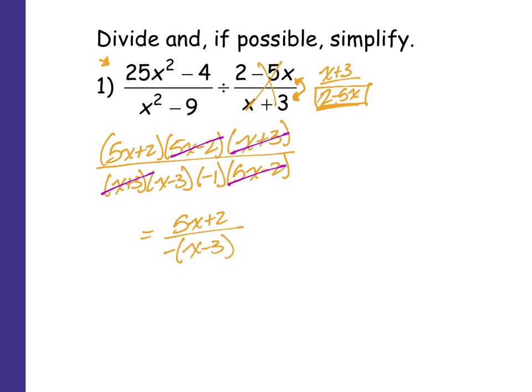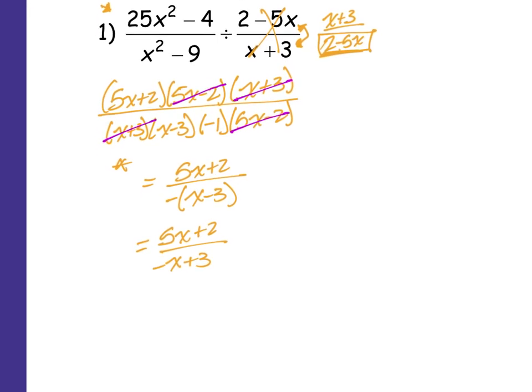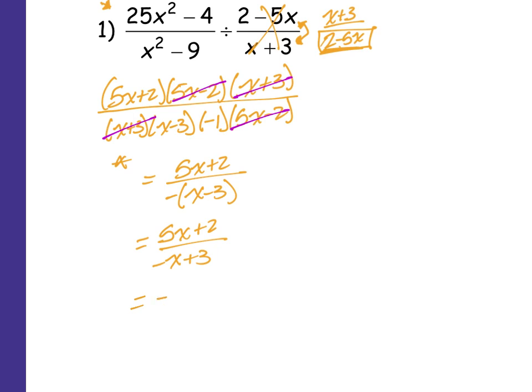Now with the negative, sometimes you'll see them actually multiply that negative through. So you'll see either one of these answers. You'll either see this one will say 5x plus 2 times negative x plus 3, or you'll see the one that says negative 5x minus 2 over x plus 3.